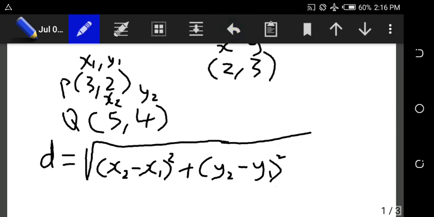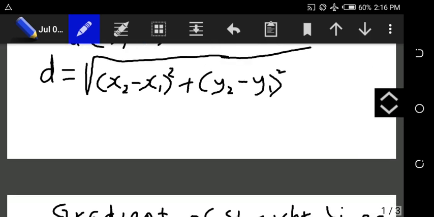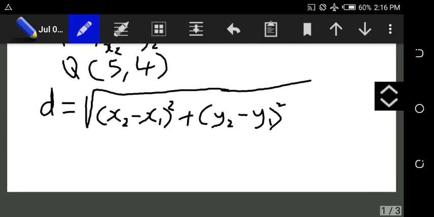Now we have also looked at the midpoint of a line on the Cartesian coordinates.